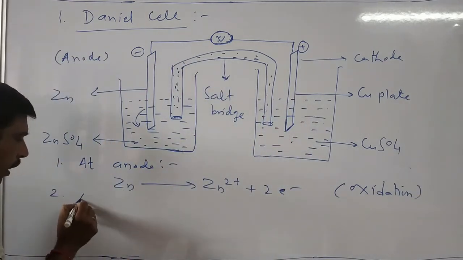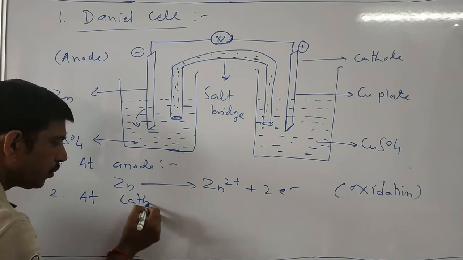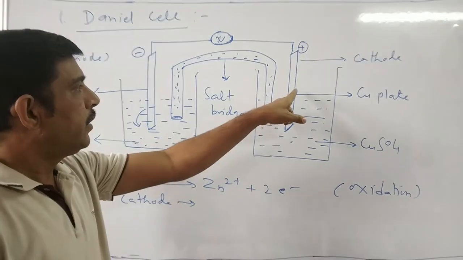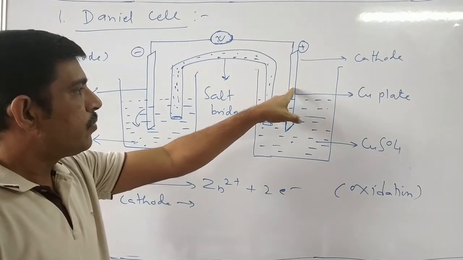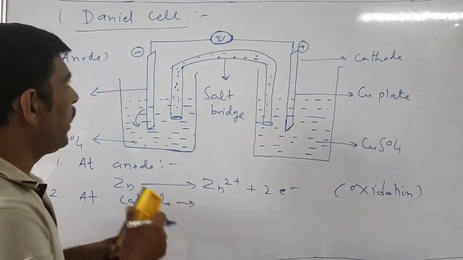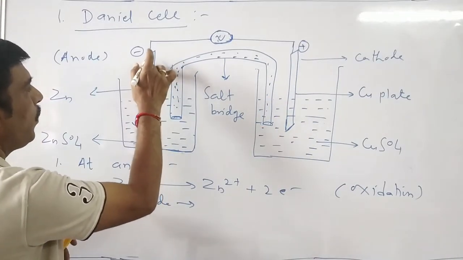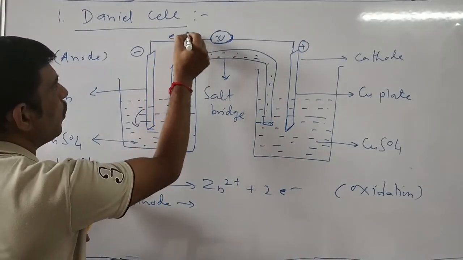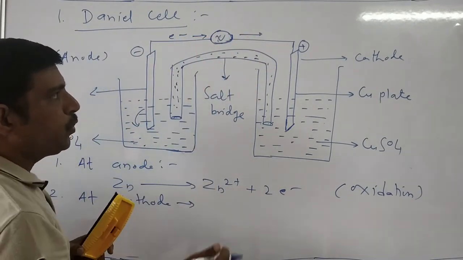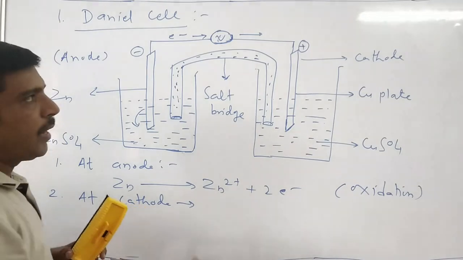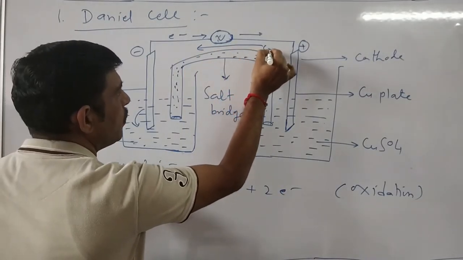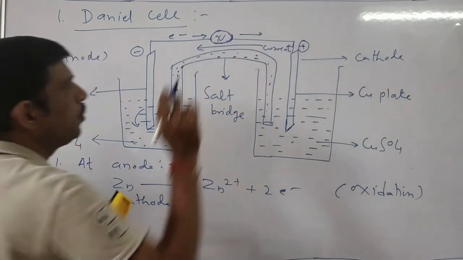Similarly, what happens at the cathode? At the cathode, the copper ions from the copper sulfate will receive the electrons. The electrons formed by the zinc go from anode to cathode, and opposite to that, the electric current moves from cathode to anode.